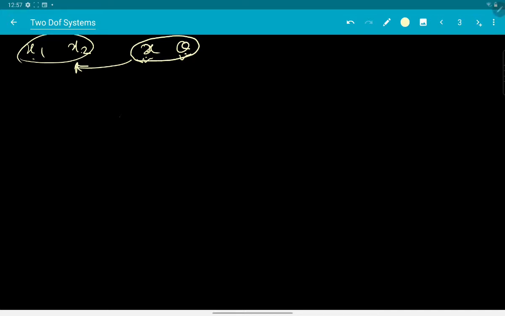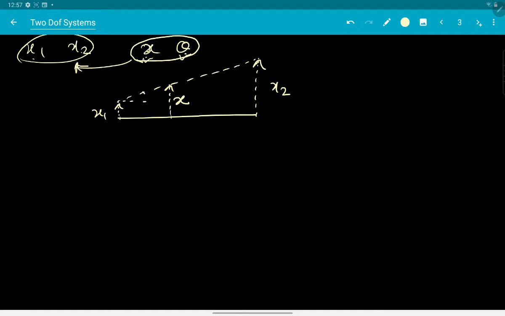If this bar is like this, let's say this end moves by x1 and this end moves by x2. CG is somewhere here. This is x1, this is x2. So how much has the CG moved? It has moved by x, and at the same time this is the rotation theta, the same theta.